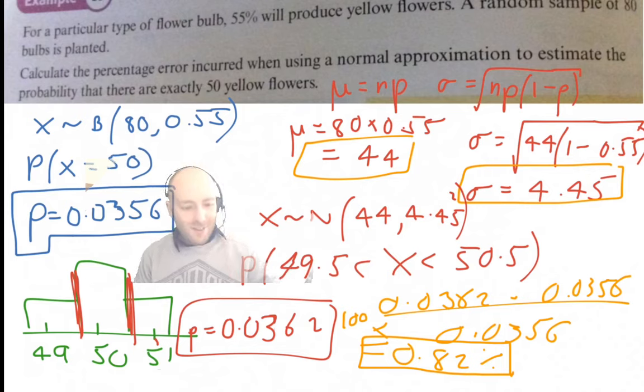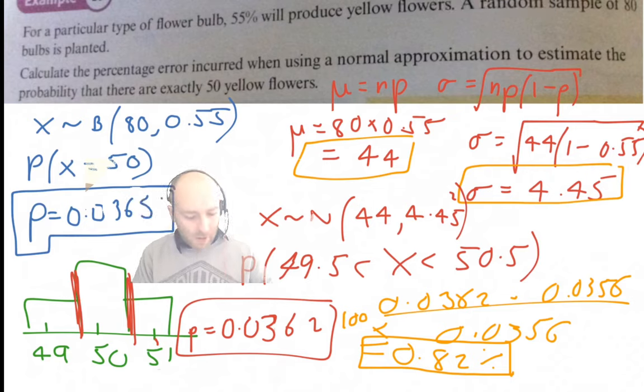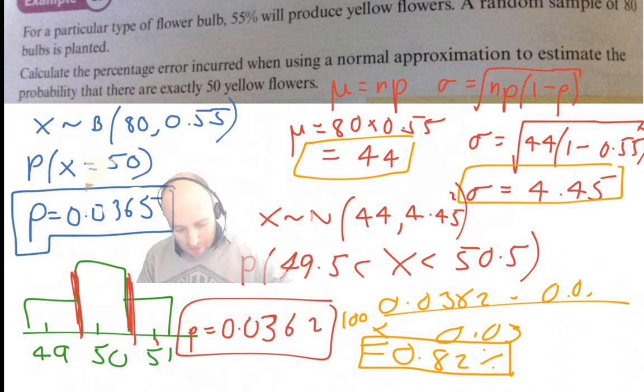It is. Sorry, copying awfully today. 365. There we go. So that needs to be changed down here as well. The answer's right though, because my workings are correct, just not the ones in front of you guys. 365, 365.